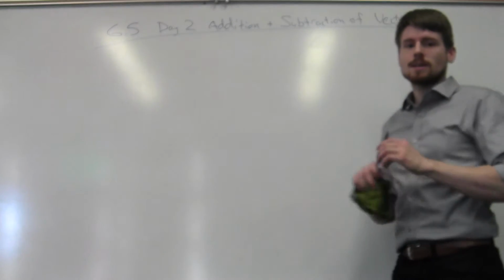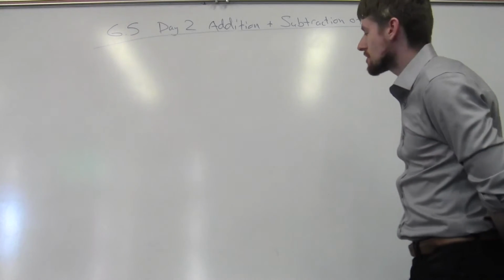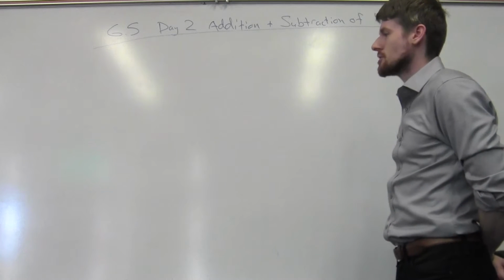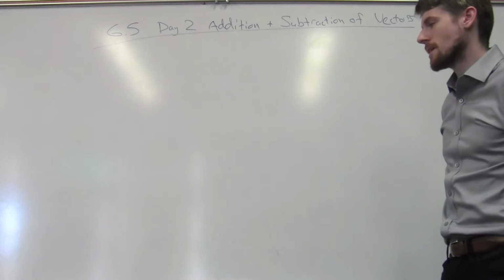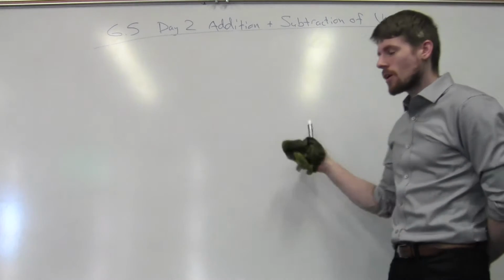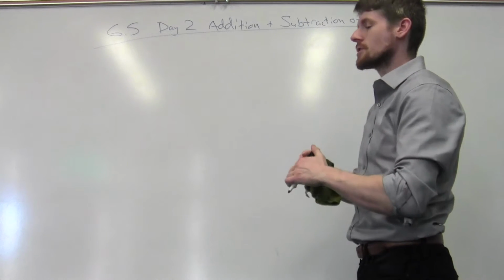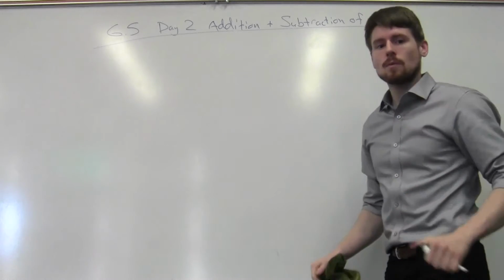We're going to talk about an approach to adding two vectors geometrically, and an approach to subtracting two vectors geometrically. We've already defined the addition of two vectors with algebra.